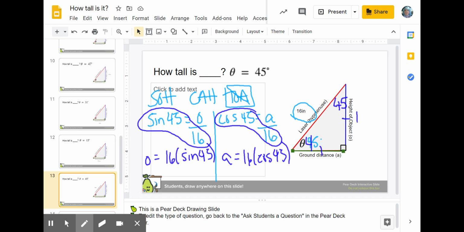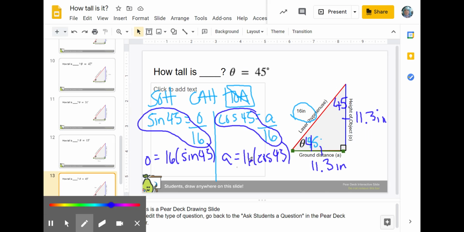I agree. Is it the same for both? Crazy how that works out. But this is an isosceles triangle, so I've got two angles that are exactly the same and two sides that are exactly the same.